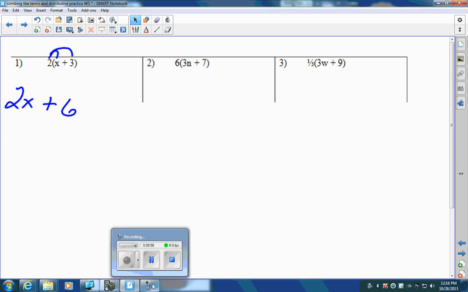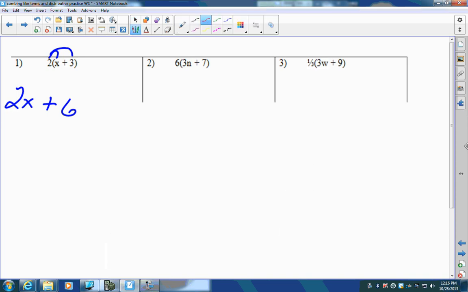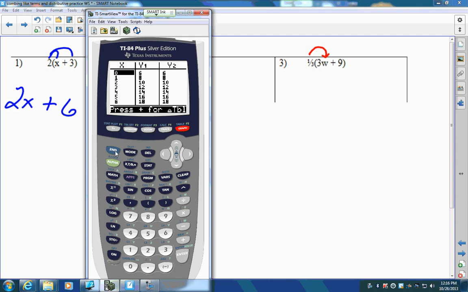Same thing. How do we multiply a fraction? Well, I'm so glad I can tell you. We're going to take 1/3 times 3w. So, you can go into your home screen, and I'm going to put in there 1 divide 3.